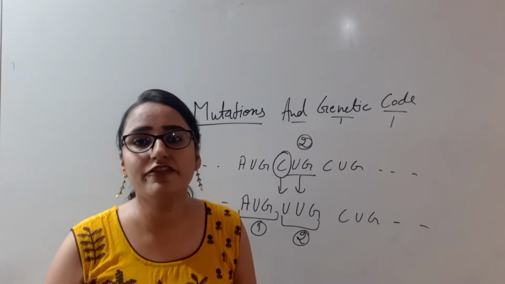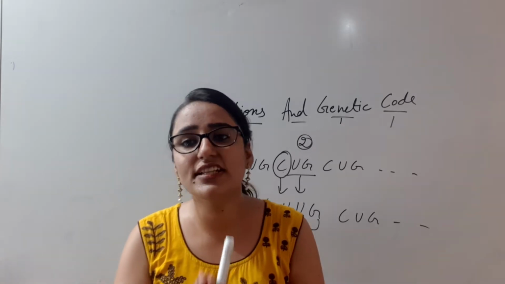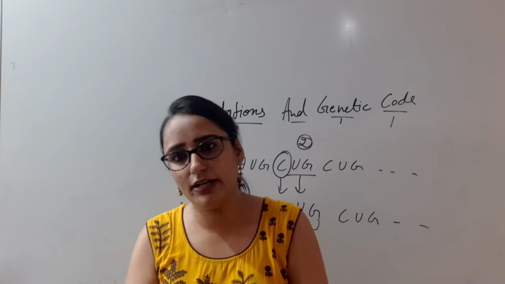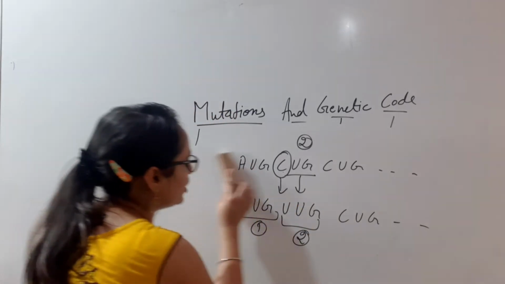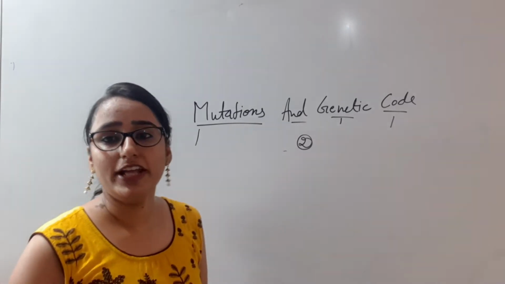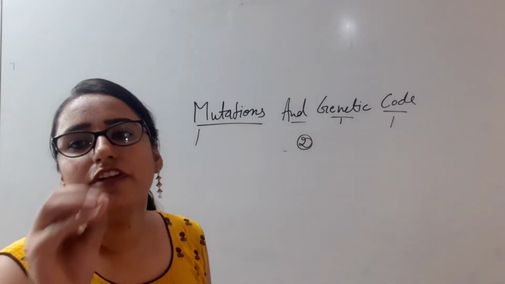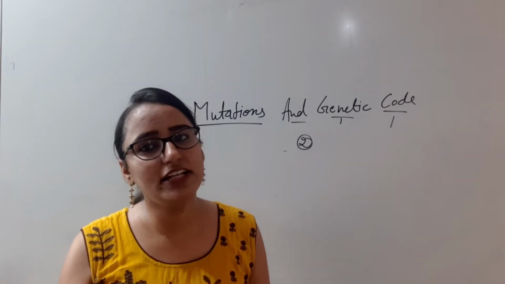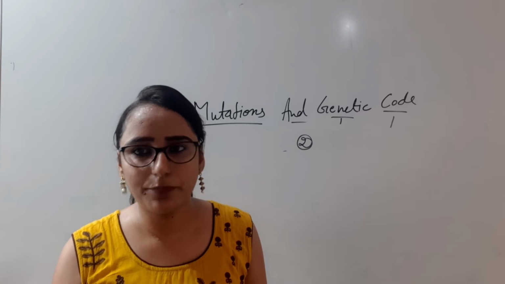This mutation will ultimately lead to change in the frame of the mRNA. Okay, how will this cause change in frame of mRNA? We all know that the sequence of mRNA will ultimately decide the sequence of amino acids in the polypeptide chain or in the protein.